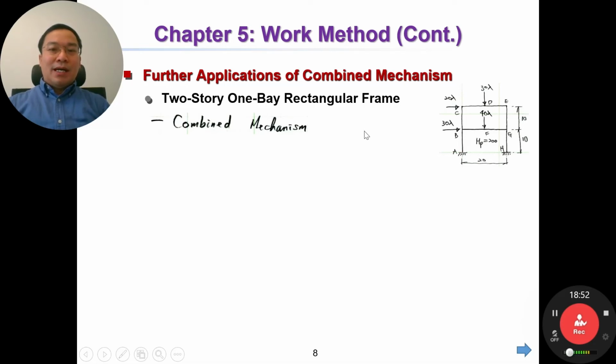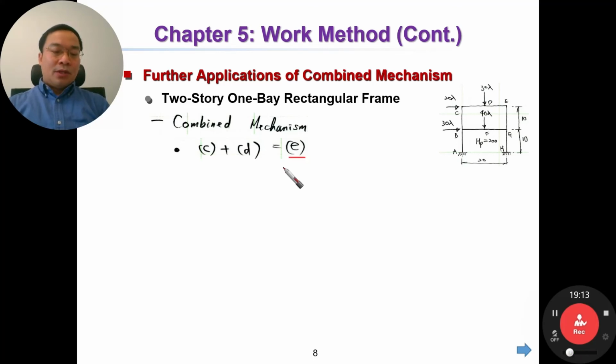Now we combine two independent mechanisms. For example, we combine mechanism C with mechanism D. Okay, C combined with D, and it becomes mechanism E.